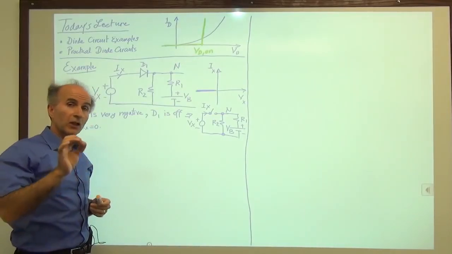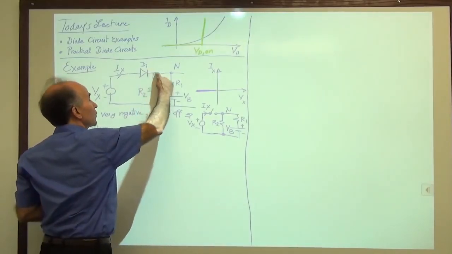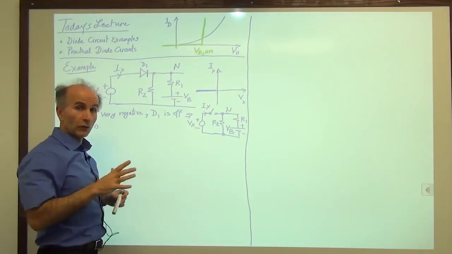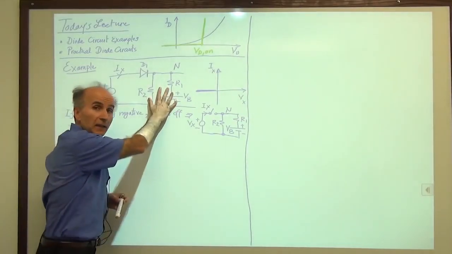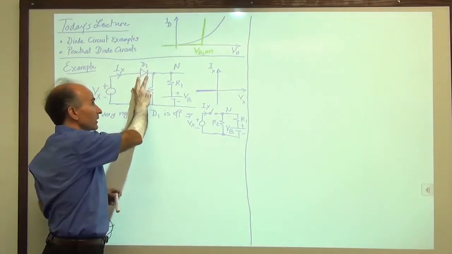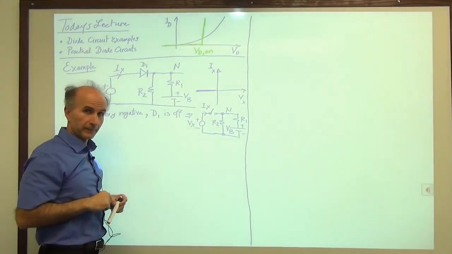So because the current through the diode is small, we can assume that still no current is flowing into these branches. So these branches don't feel that the diode has turned on yet, because it doesn't have much current going into these two branches.